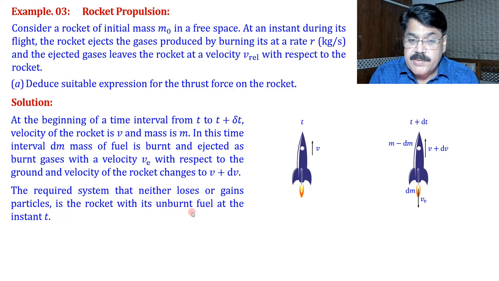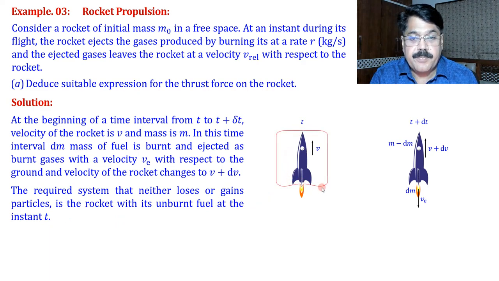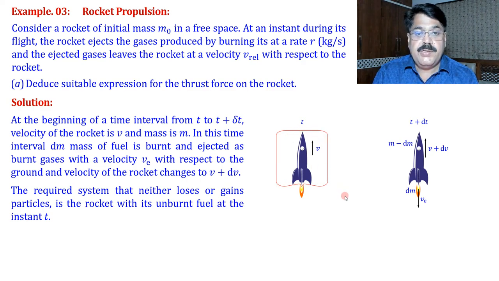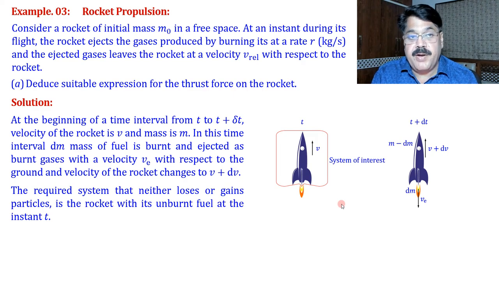So what is the system at time t? The rocket and unburned fuel, that entire mass, included in this boundary. So this is our system of interest at the beginning of the interval.